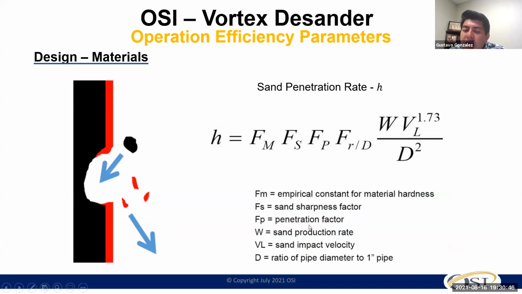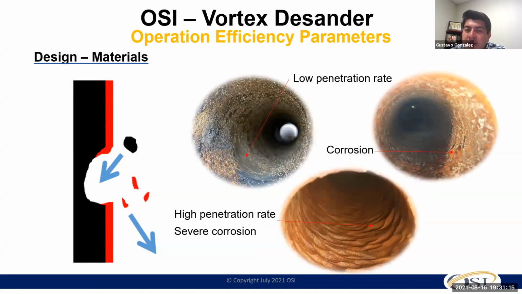You take into consideration the sand velocity, the pipe ratio, and the type of metallurgy you're using. What you want to conclude is how fast you can actually destroy that housing at this rate, or whether that velocity and vortex effect are in the right ranges so I don't create an additional problem and lose control of that vortex effect.